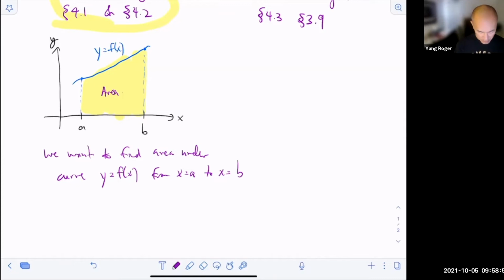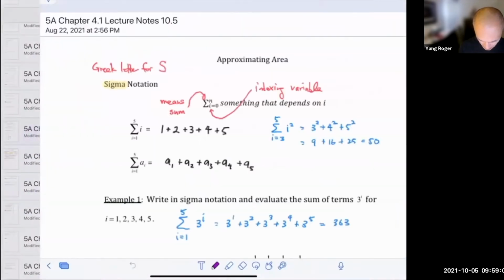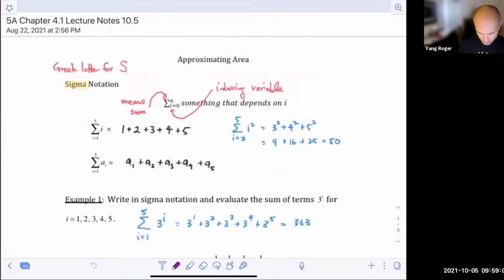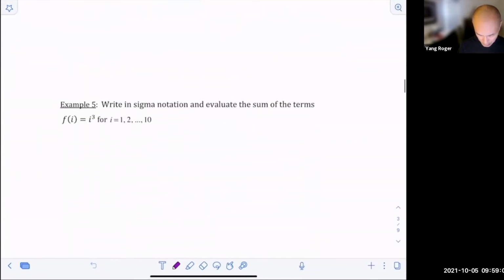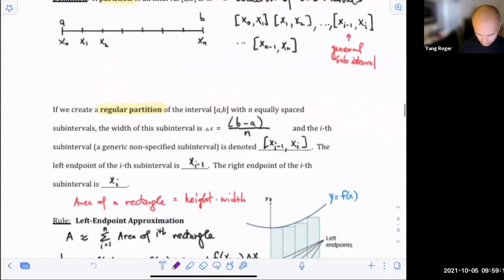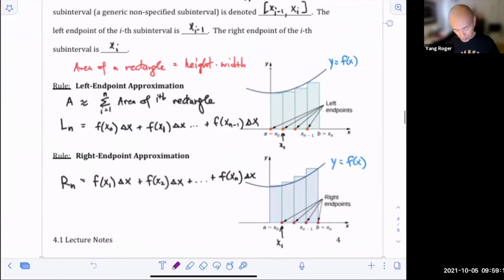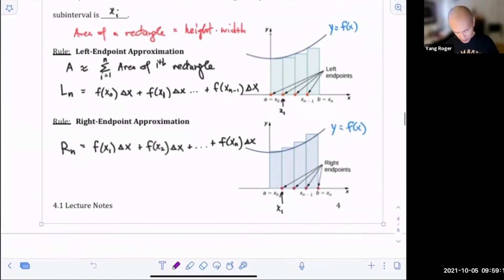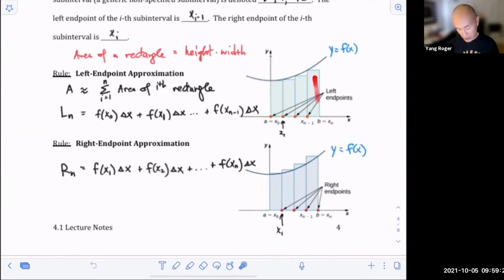So let me bring up that worksheet. I kind of want to reference this picture right here. So this is at the bottom of page 4. When you look at this picture, it gives us an idea of how we're going to approach this problem.